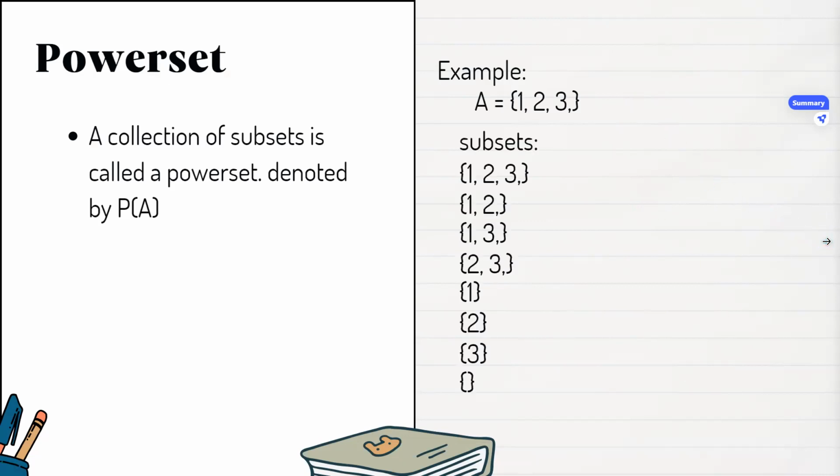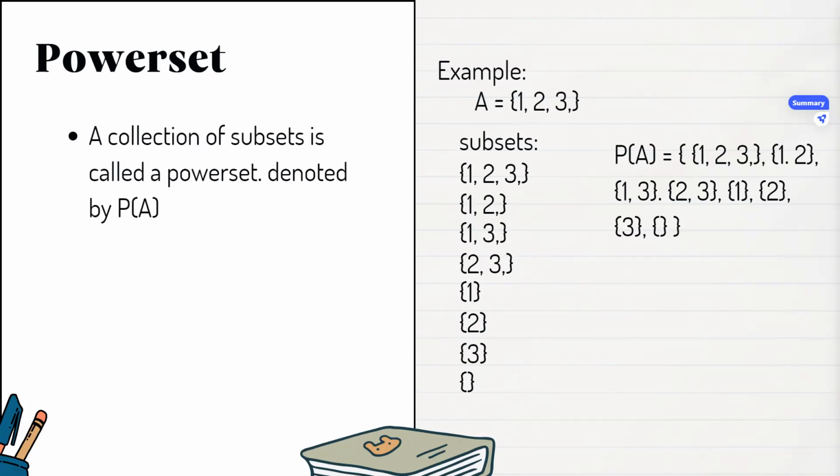And if we were to look at set A subsets, we have the following: subset 1, 2, 3, subset 1, 2, subset 1, 3, subset 2, 3, 1, 2, 3, and lastly, null subset.